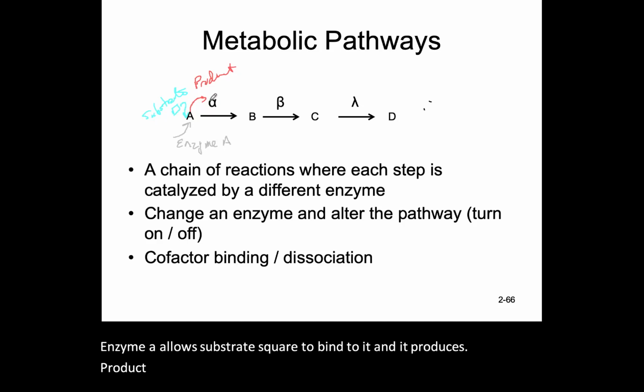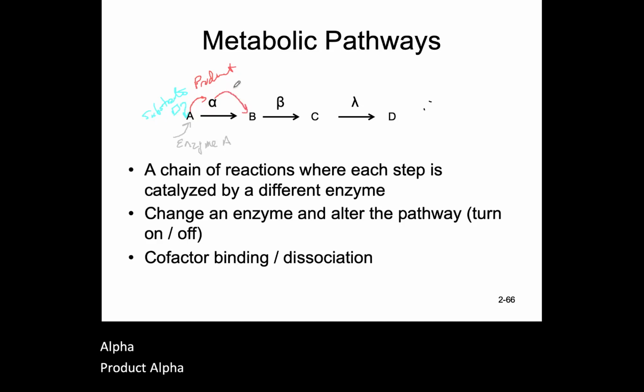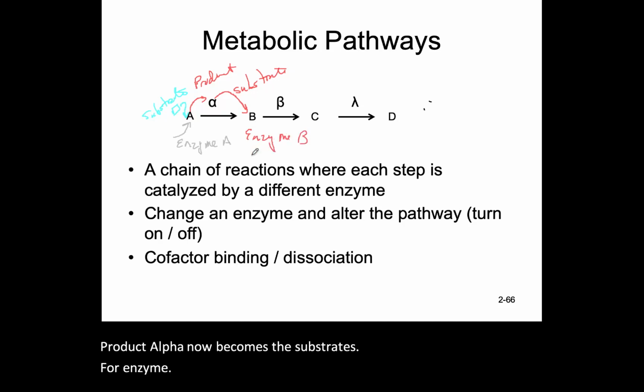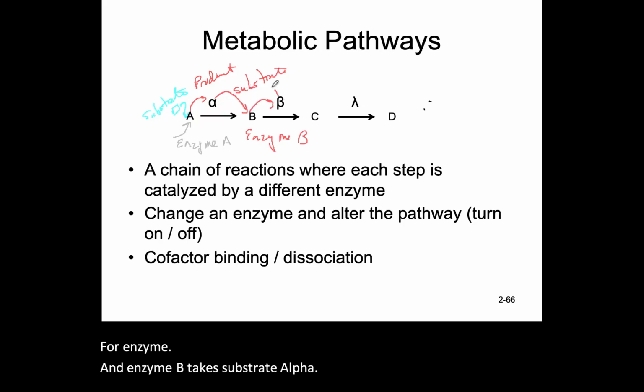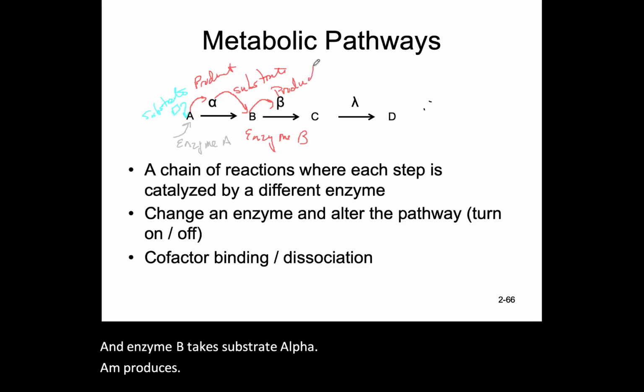alpha. Product alpha now becomes the substrate for enzyme B, and enzyme B takes substrate alpha and produces product beta.